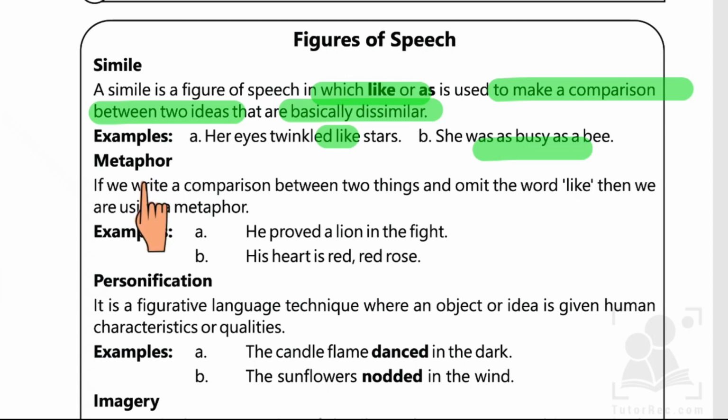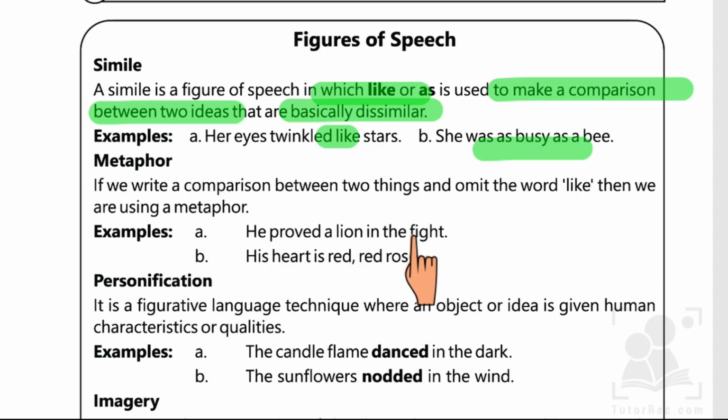Number 2 is metaphor. If we write a comparison between two things and omit the word like, then we are using a metaphor. So in simile we use these two words, like or as, for a comparison between two dissimilar things. Similarly, metaphor is the same thing, the only difference is that we do not use like or as, such as we can say he proved a lion in the fight, or he proved to be a lion in the fight.